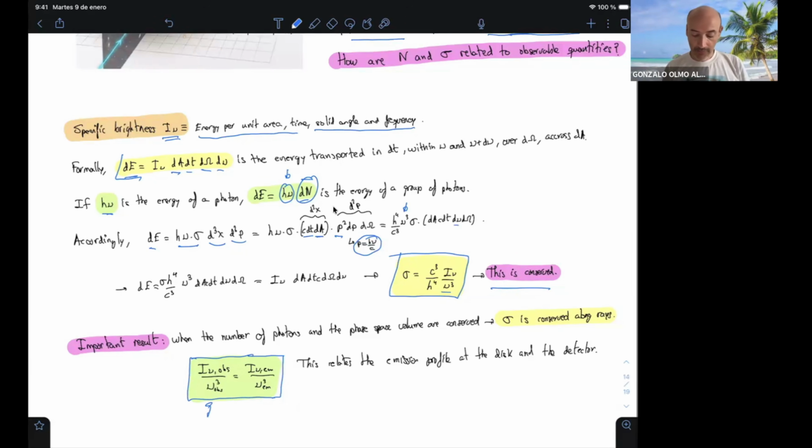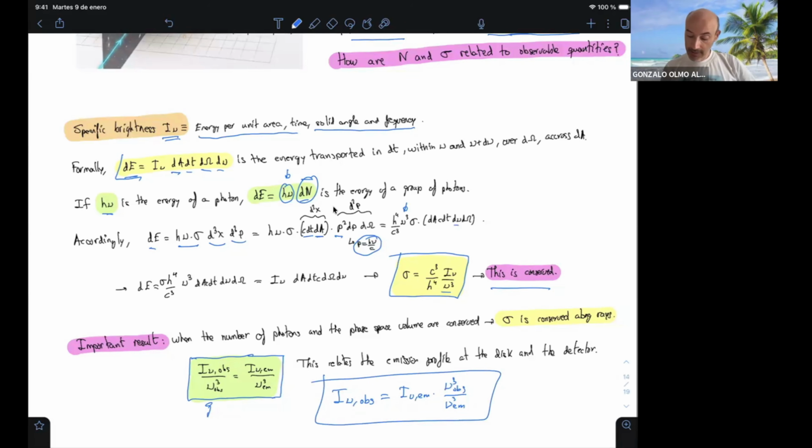Okay, these quantities are conserved, and this is what allows us to determine the observed intensity in terms of the emission profile. And then we have this ratio between frequencies, the emission frequency and the observed frequency.